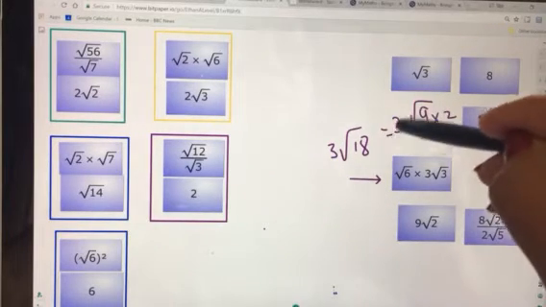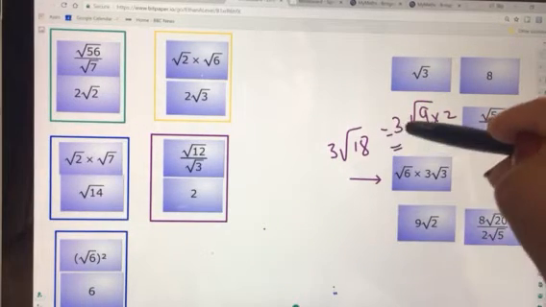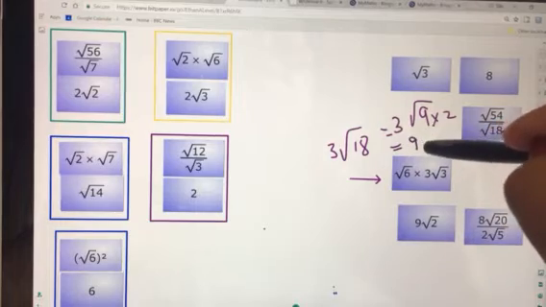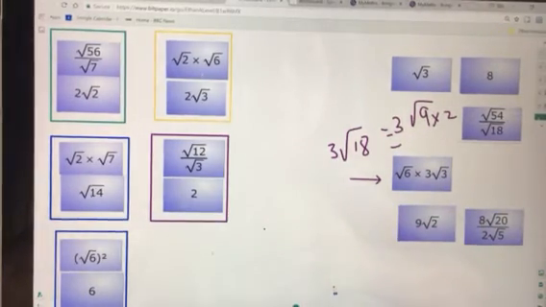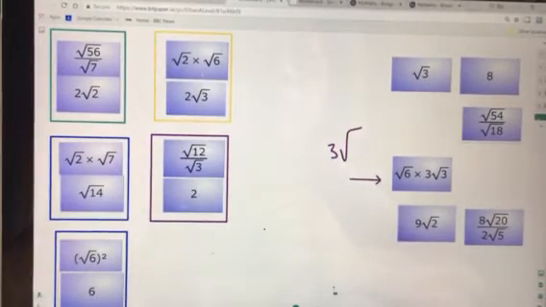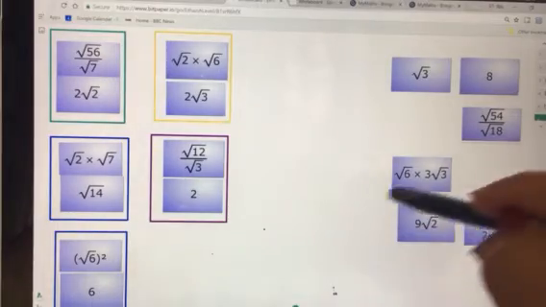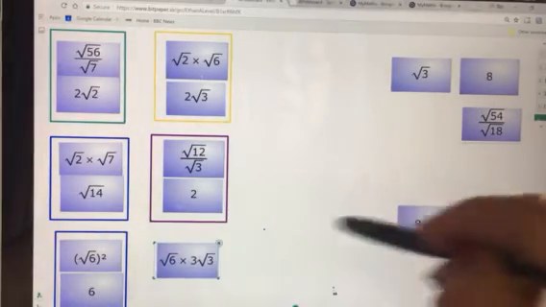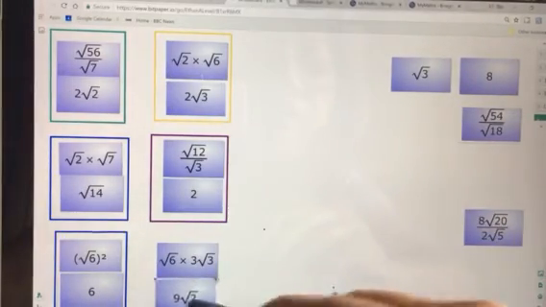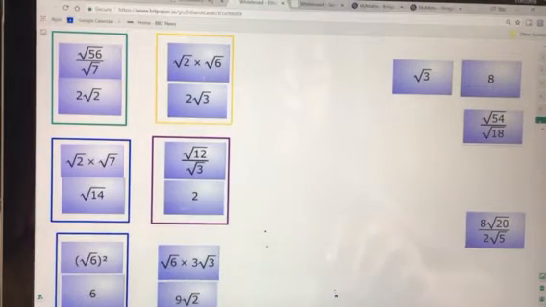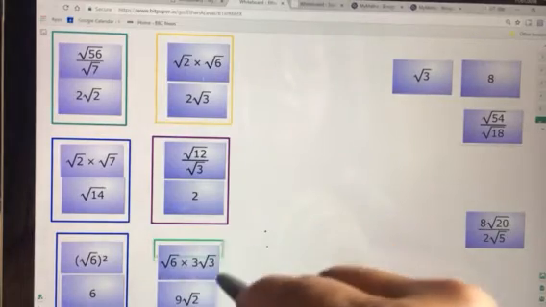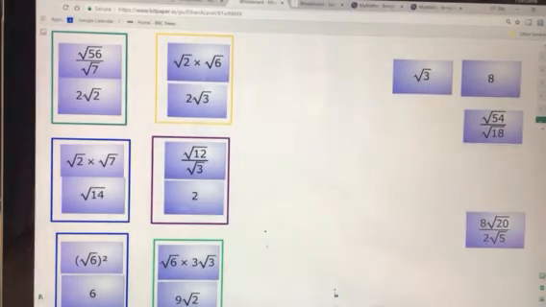You multiply that by 3, which is outside your root. 3 times 3 will be 9, and you're left with 2 inside, and I can see that. So we just rub off that working out, because we just used that as a guide to find the pair. We pair that with this and put a box around it to show that it has been paired already.